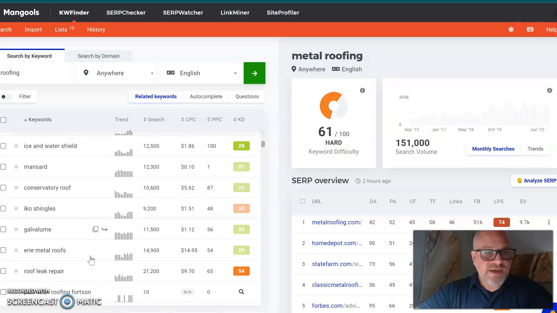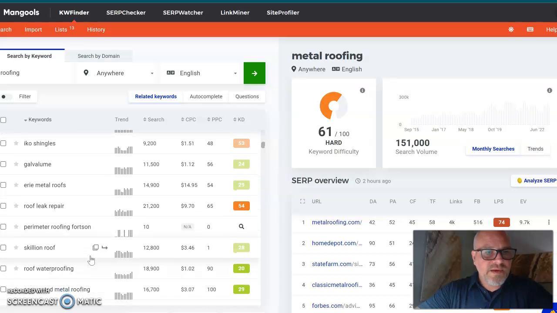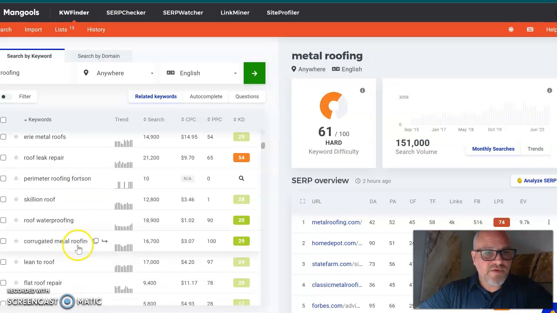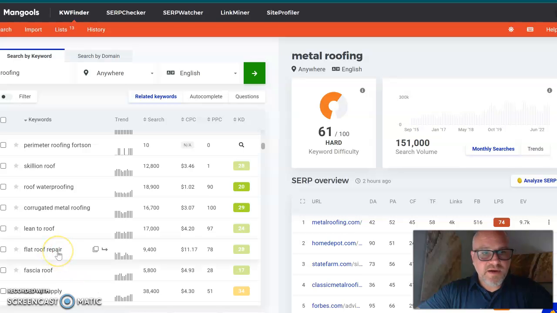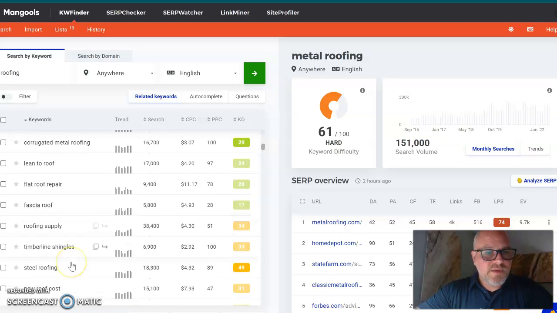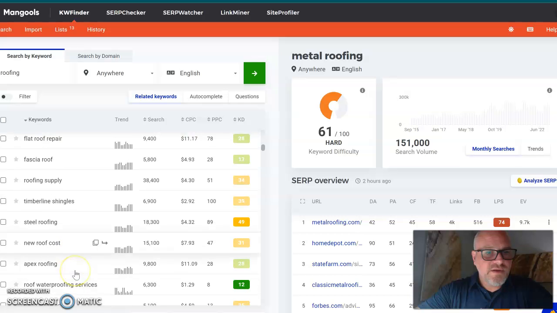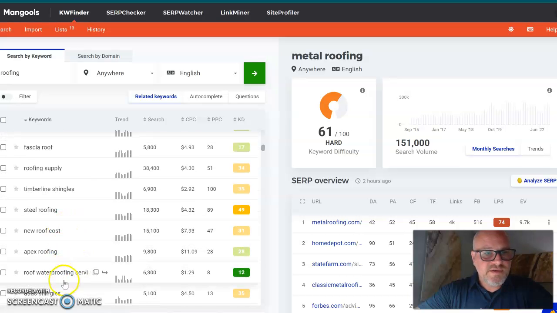Let's see. So yeah, we found several. Roof leak repair, that's a little tougher to get. Roof waterproofing, corrugated metal roofing, flat roof repair, steel roofing, new roof cost.